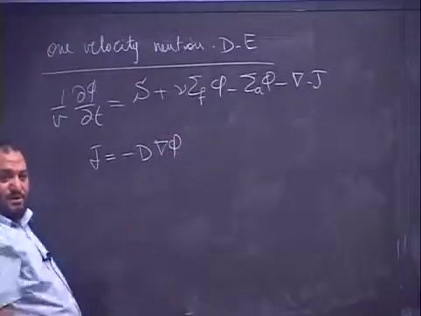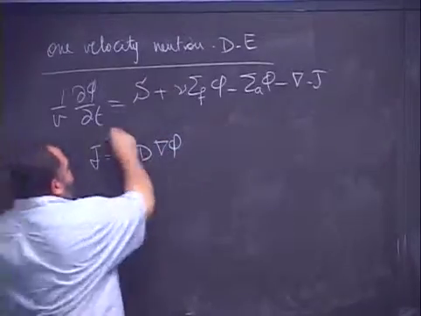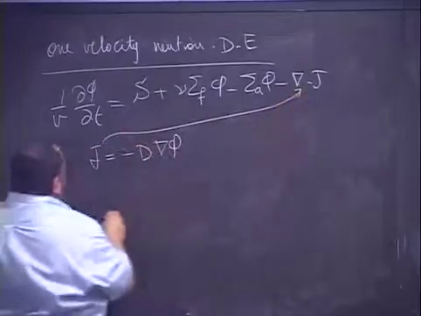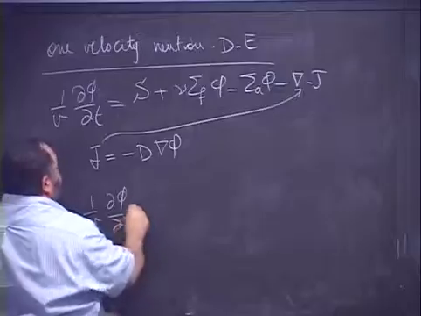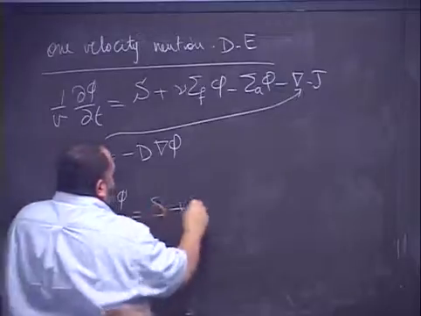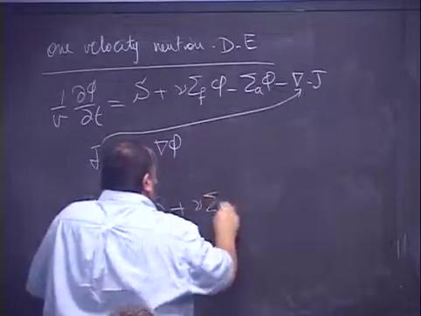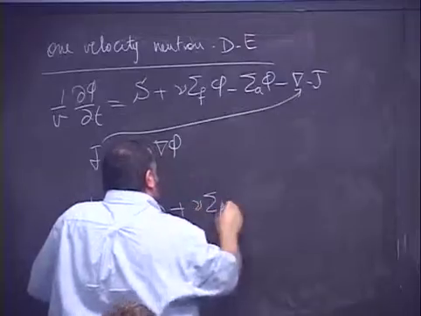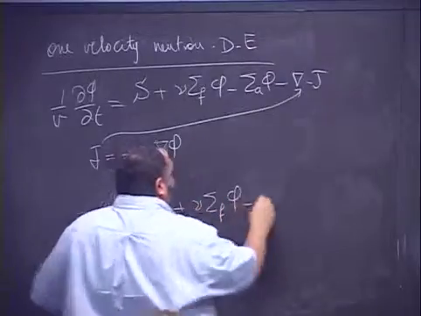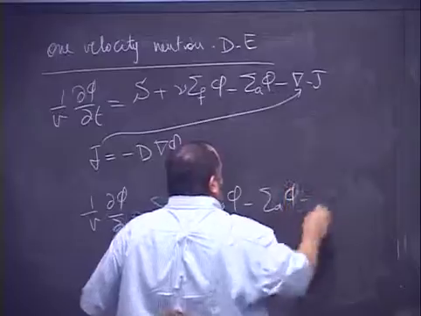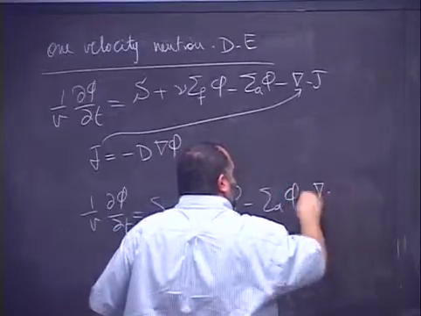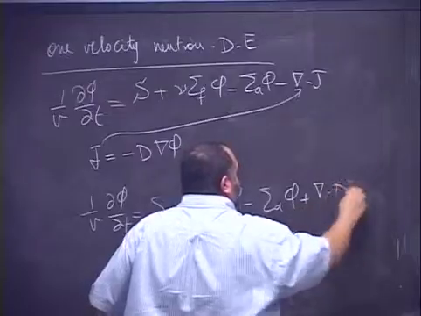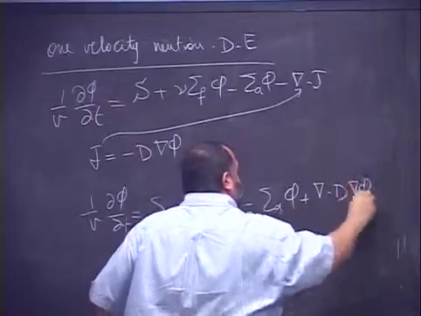So if you replace this here, you will obtain 1 over V dphi/dt equal to the source plus nu sigma f phi minus sigma absorption phi minus divergence dot negative D grad phi.